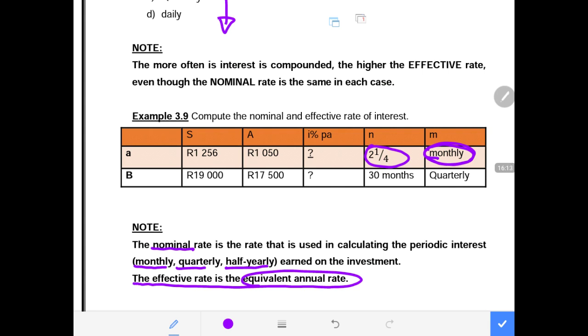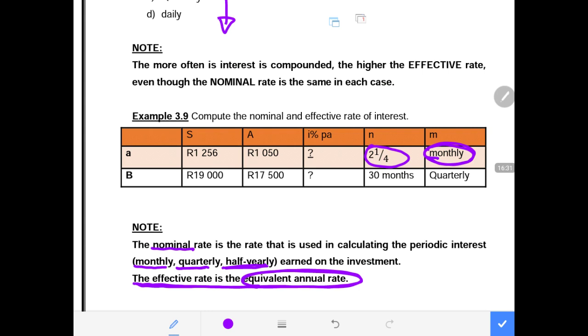Take note of that. It is when the interest is calculated for the period on a monthly basis, quarterly basis, or yearly basis. But the effective rate is an annual equivalent rate. So now we need our n to be in years so that our interest will also be in years.